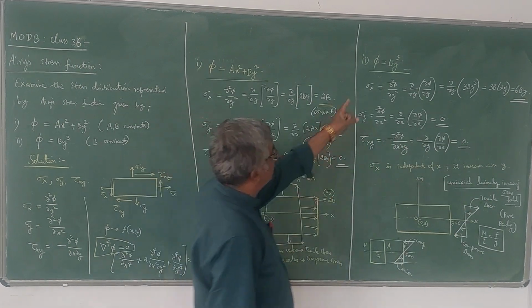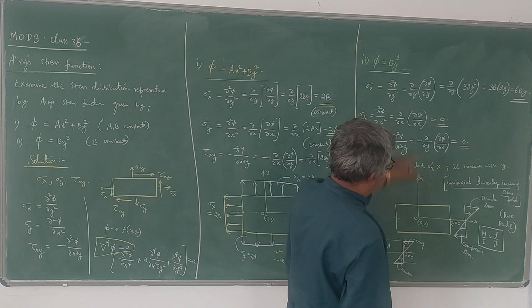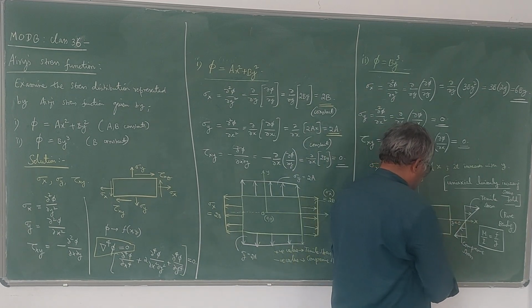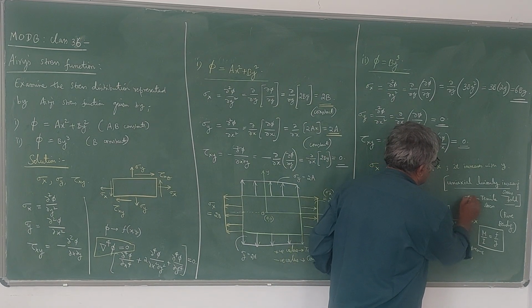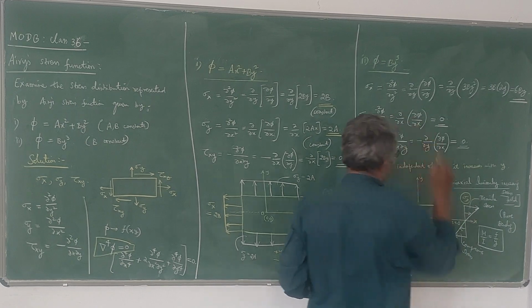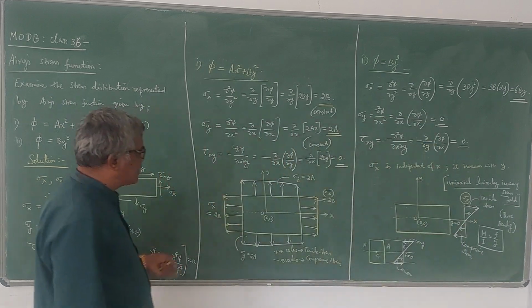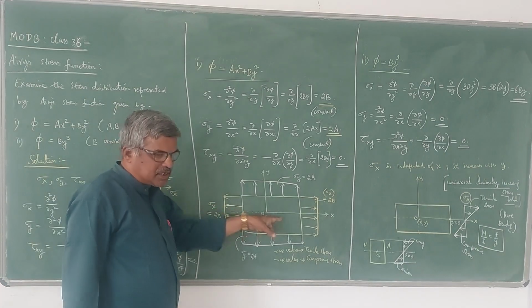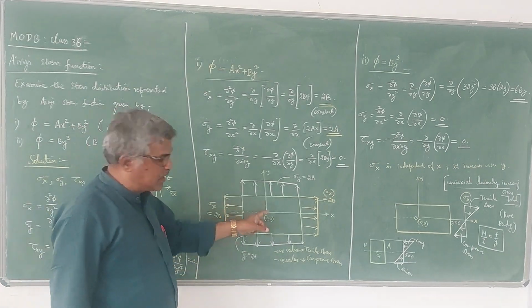So in this stress field, you have only sigma x. You don't have sigma y. You don't have tau xy. Whereas in the first case, this represents a biaxial stress field, of course without shear stress.